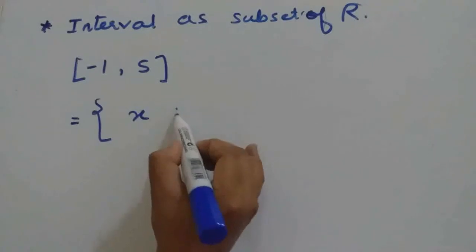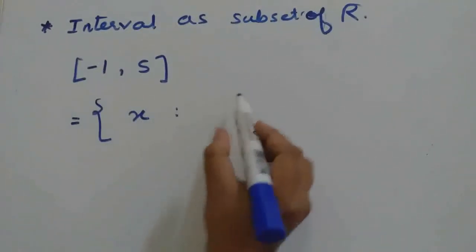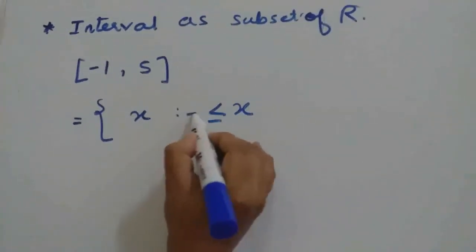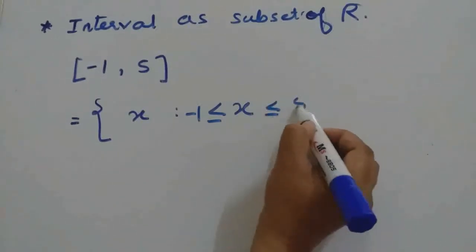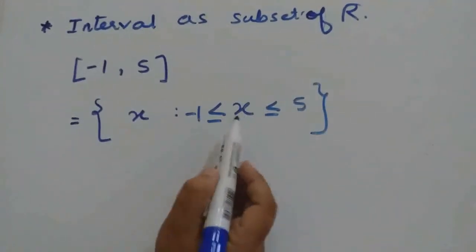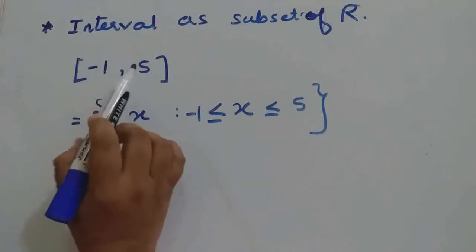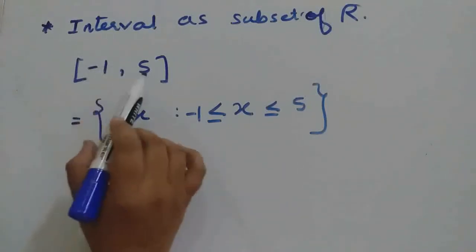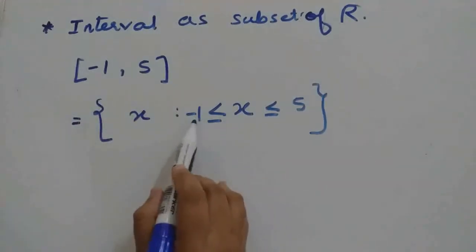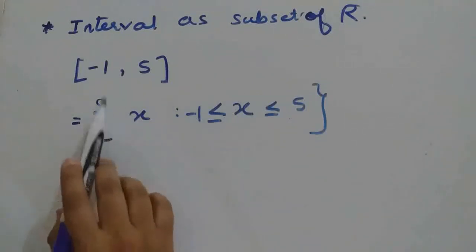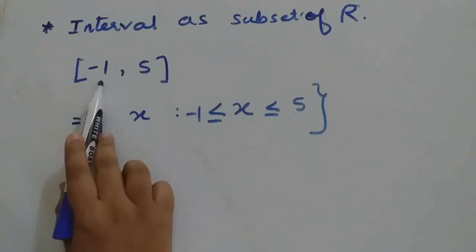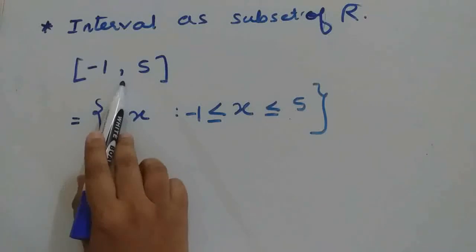It consists of all the elements x such that x is greater than or equal to -1 and less than or equal to 5. So all the elements from -1 to 5, including -1 and 5, will be there in this particular closed interval, which is nothing but a set.